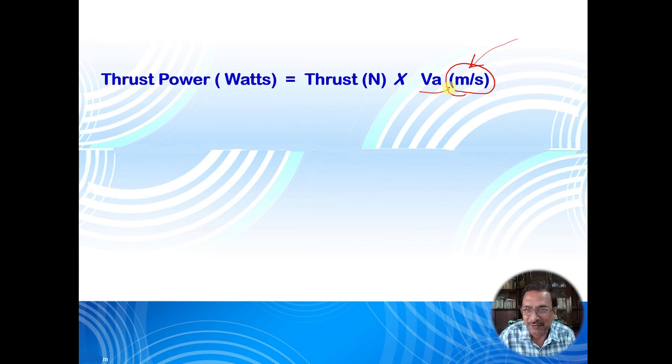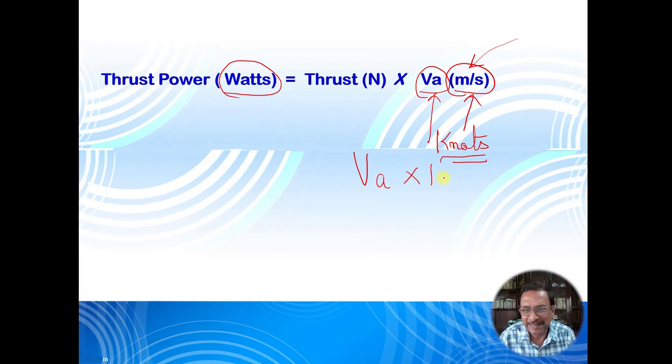Normally, the speed of advance, any speed of the ship, we take as knots. But in this formula, since we are dealing with watts, which is an SI unit, we have to convert knots into meters per second. How do we convert from knots to meters per second? Say the speed of advance is in knots.